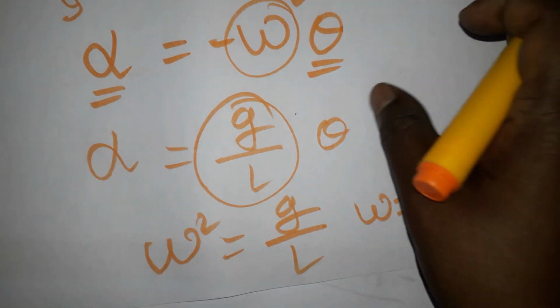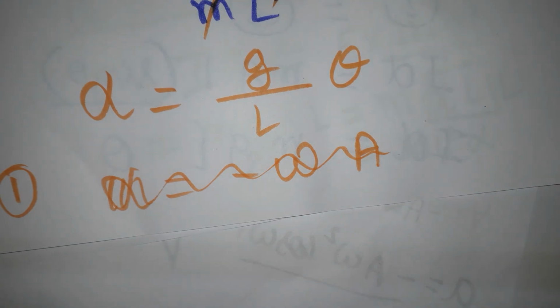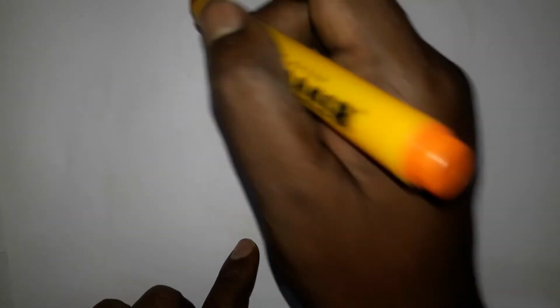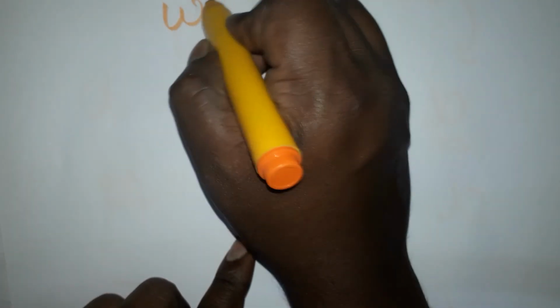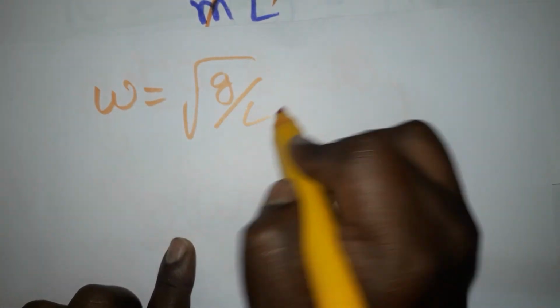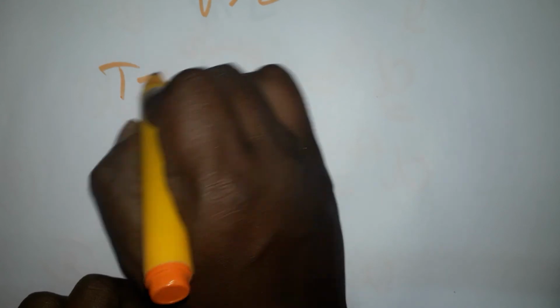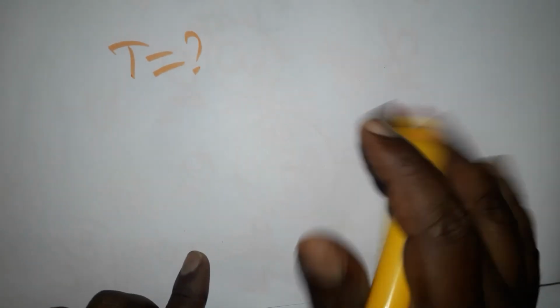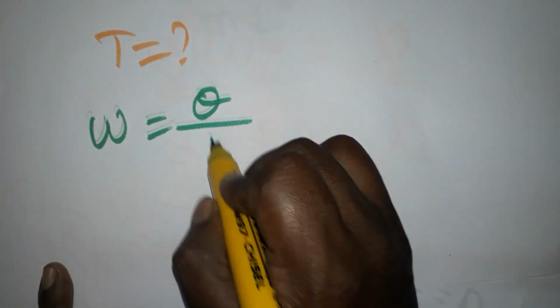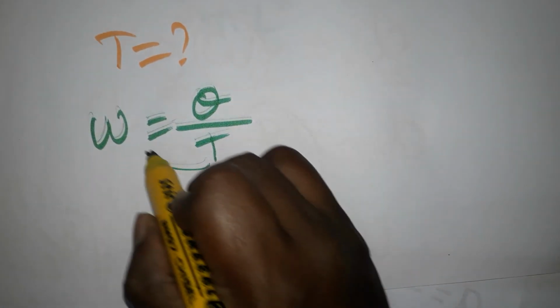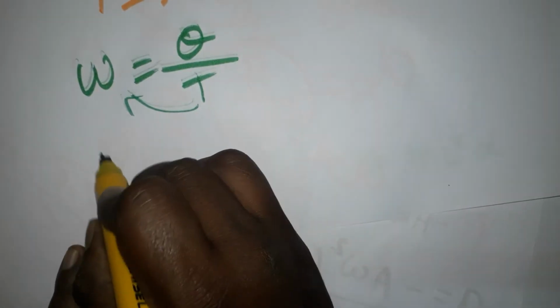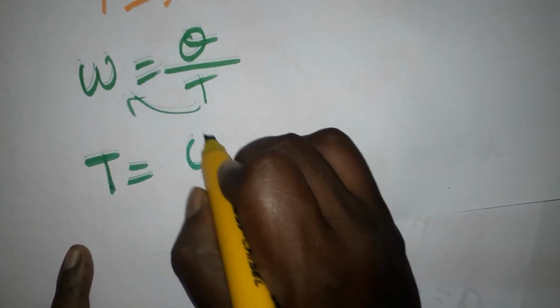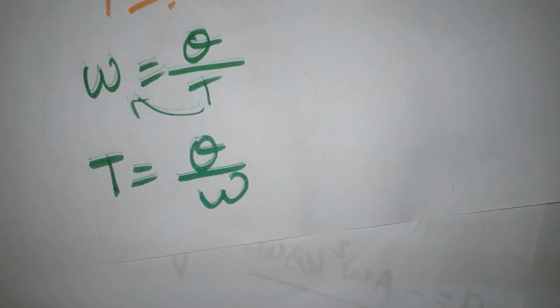Now we want to find the time period. T is equal to question mark. Omega is equal to theta by capital T, so capital T is equal to theta divided by omega.